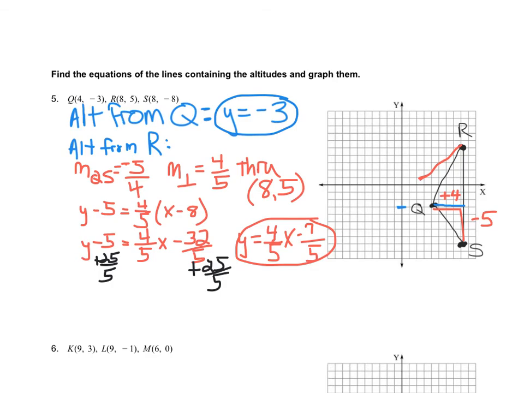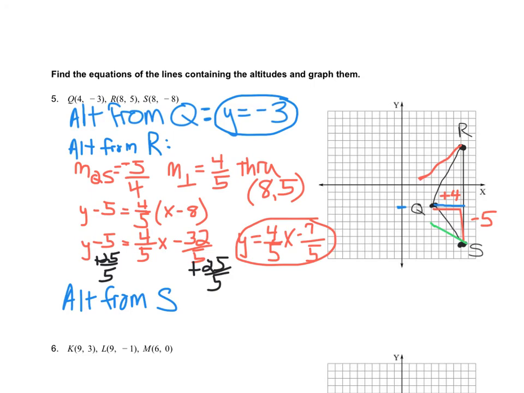And now we'll do this part in green, which is going to be our altitude from S. And S is going to come across to side QR, across like so, to the extension of that side, right? And we want to make sure that it, in the same way, has to figure out the opposite reciprocal of the slope it's coming perpendicular to, and that's QR.